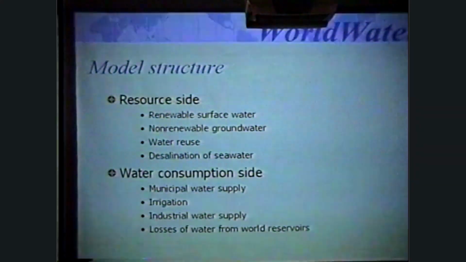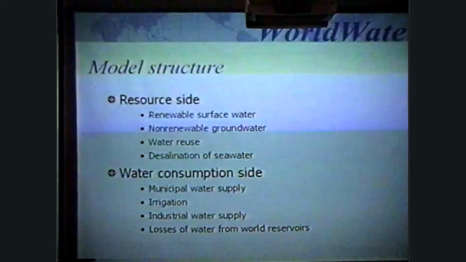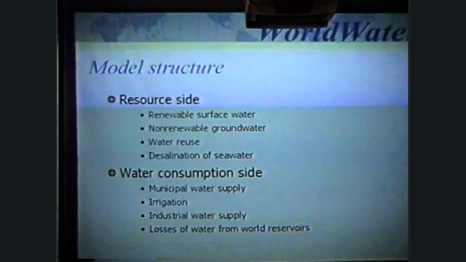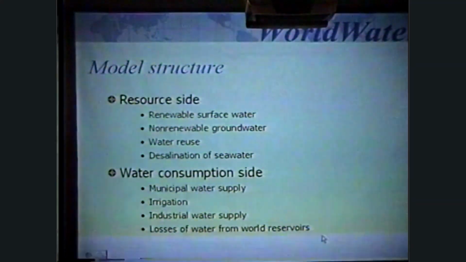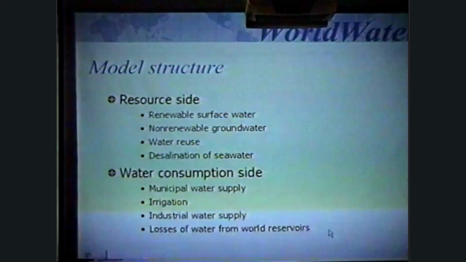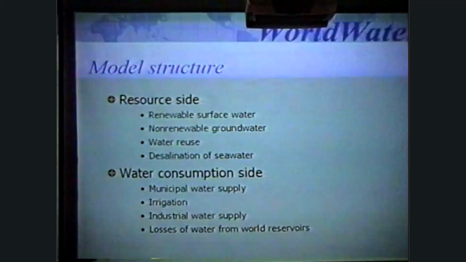On the consumption side, I try to cover the ground by looking at municipal water supply, irrigation, industrial water supply, and also one important aspect which is not quite often considered, the loss of water through evaporation from large water bodies artificially created, like world reservoirs.